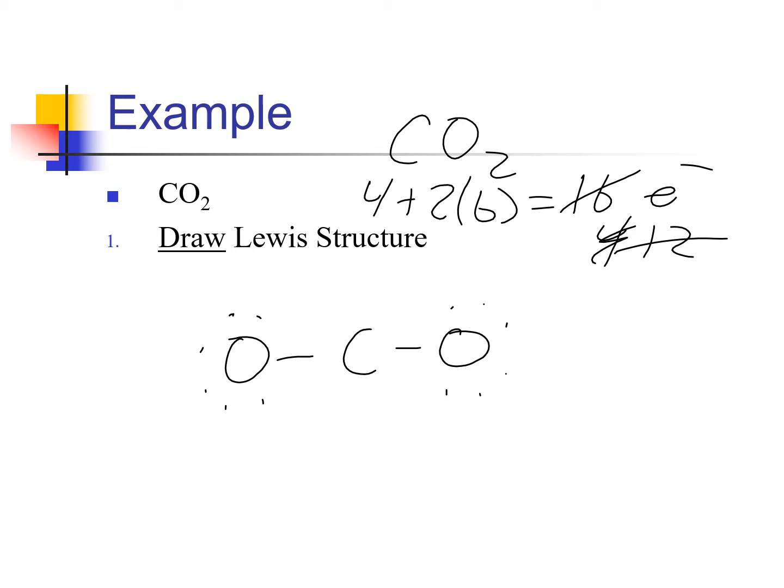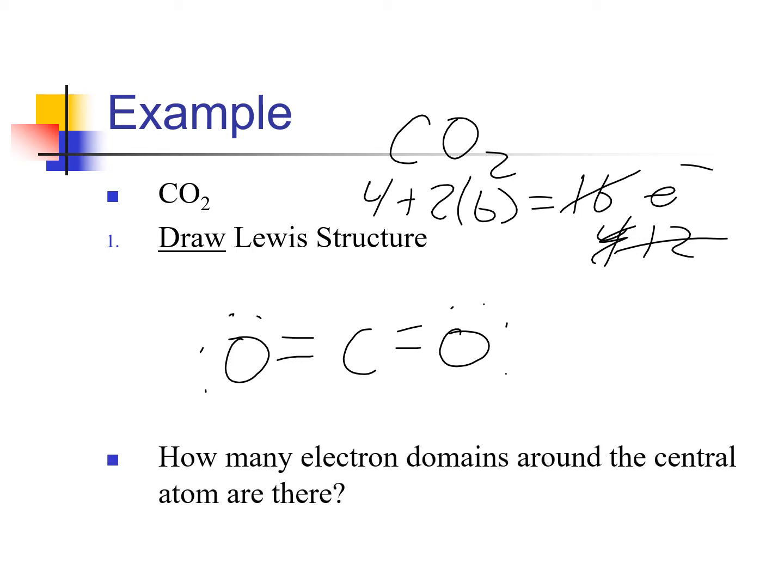So now I'm going to take a lone pair, make a double bond, take a lone pair, make a double bond. That is the Lewis structure of carbon dioxide. Now, how many electron domains would there be around that central atom?